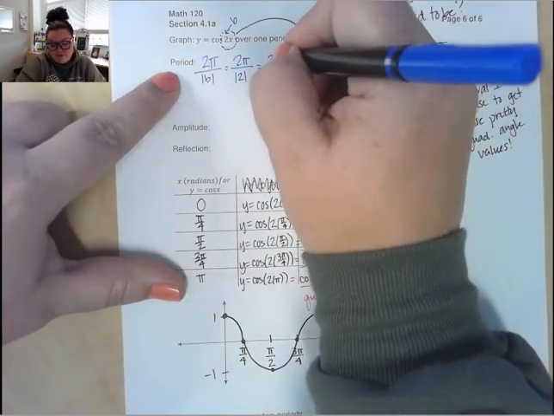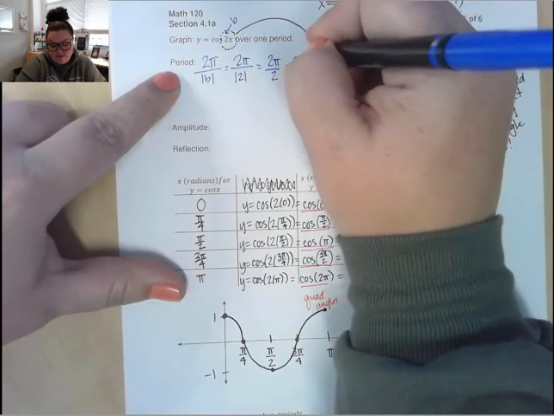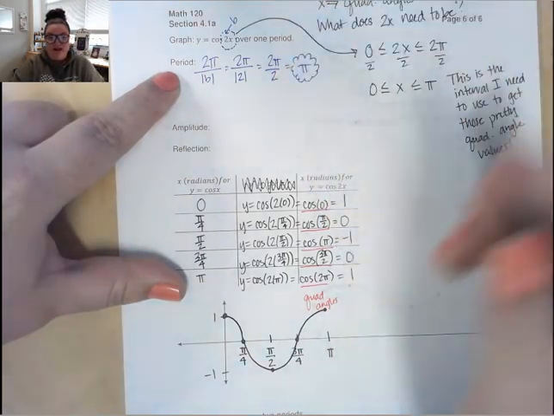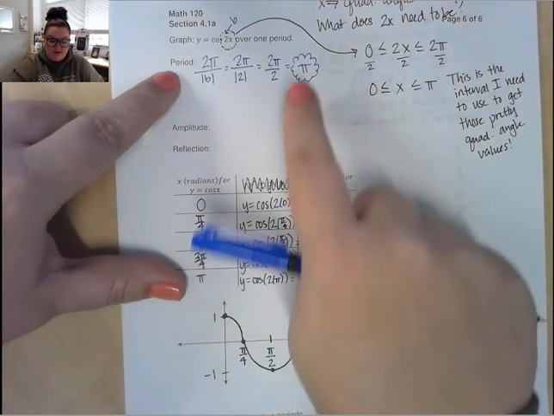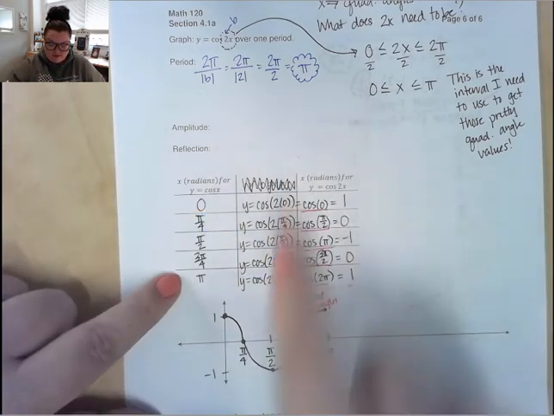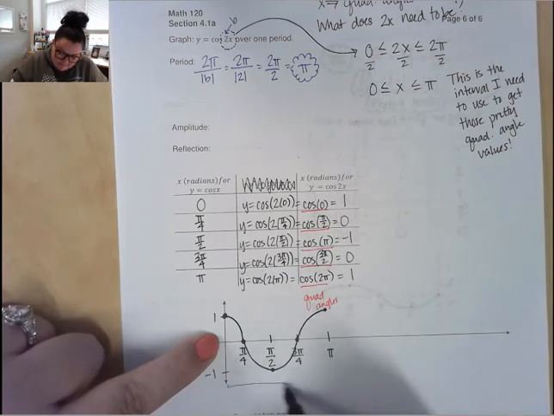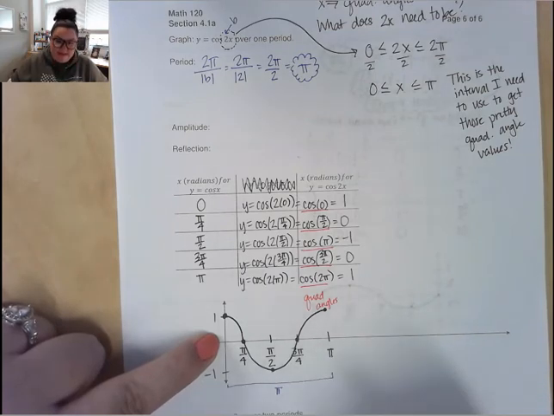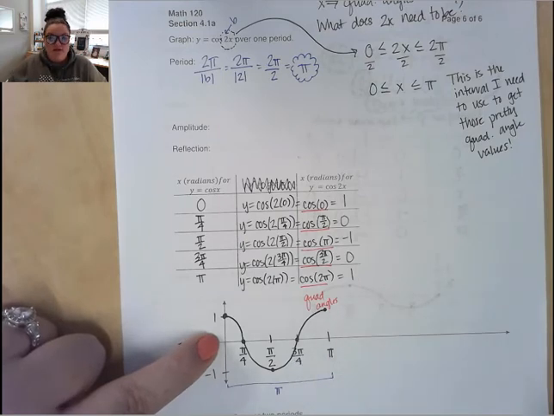So that's just 2 pi divided by 2, which gives me pi. So that tells me I should be able to complete my cosine curve with a period length or a distance of pi. And notice that's what we got down here, right? It took me exactly a pi distance to complete one cycle of my cosine curve.